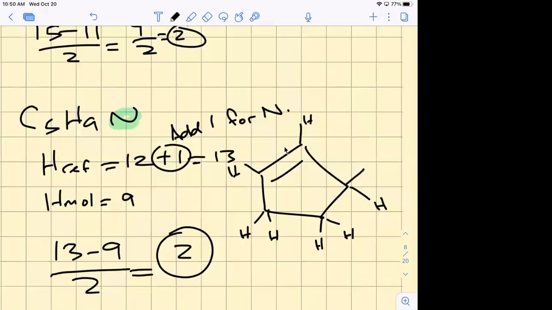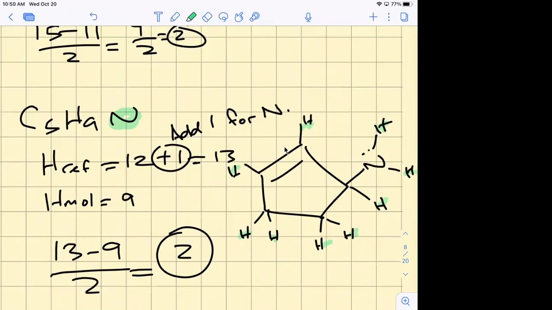And what if I put a nitrogen out here with 2 H's on it? Would that match? Do I have 9 hydrogens? 1, 2, 3, 4, 5, 6, 7, 8, 9. Is that right?